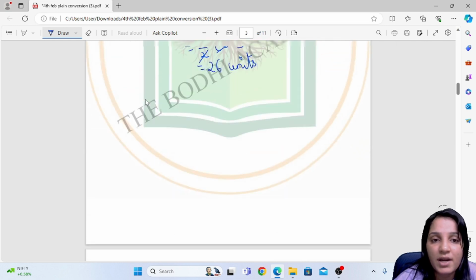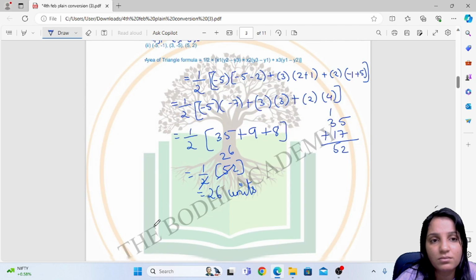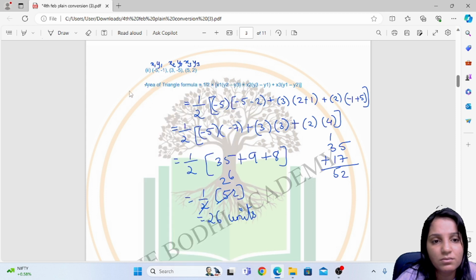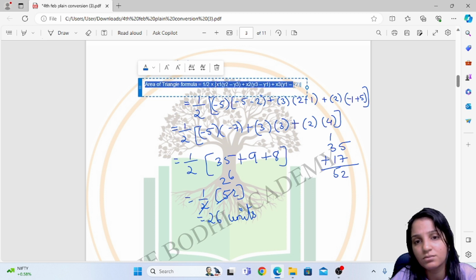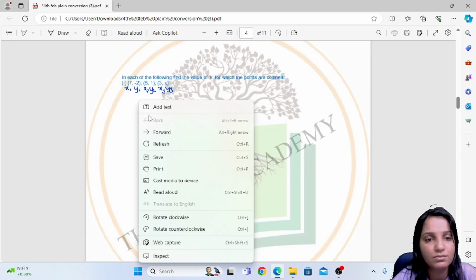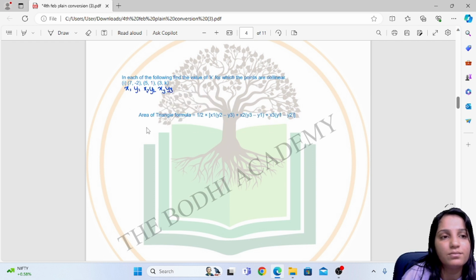Now what is area of triangle? See, this would be equal to 0.